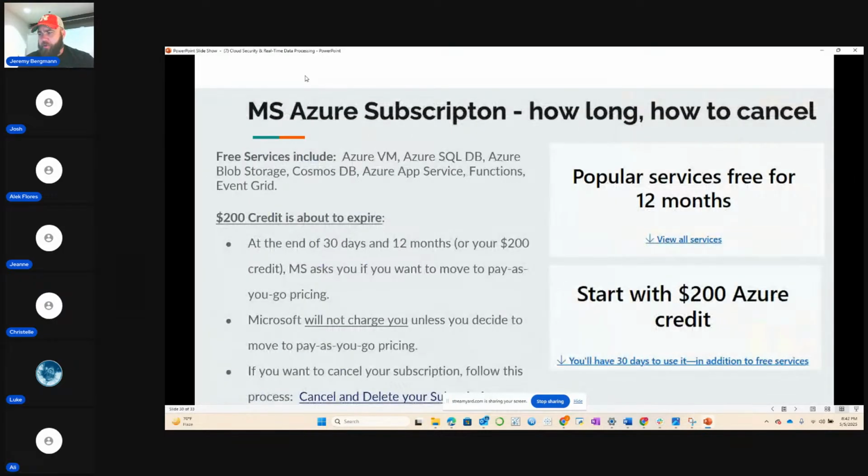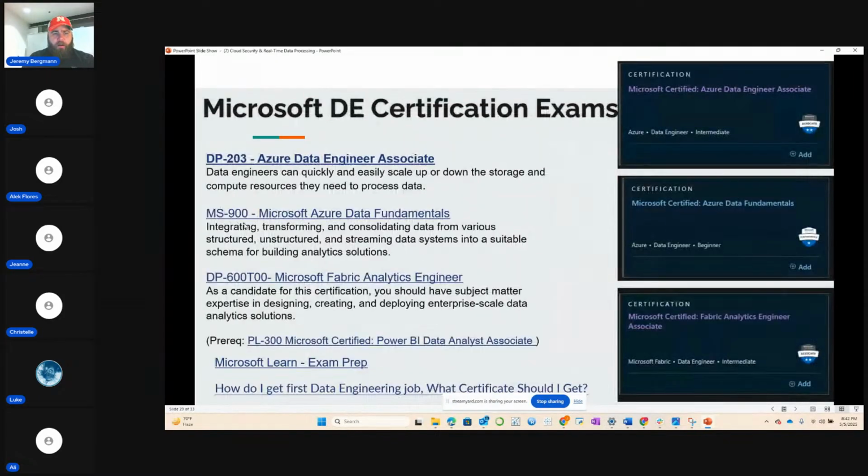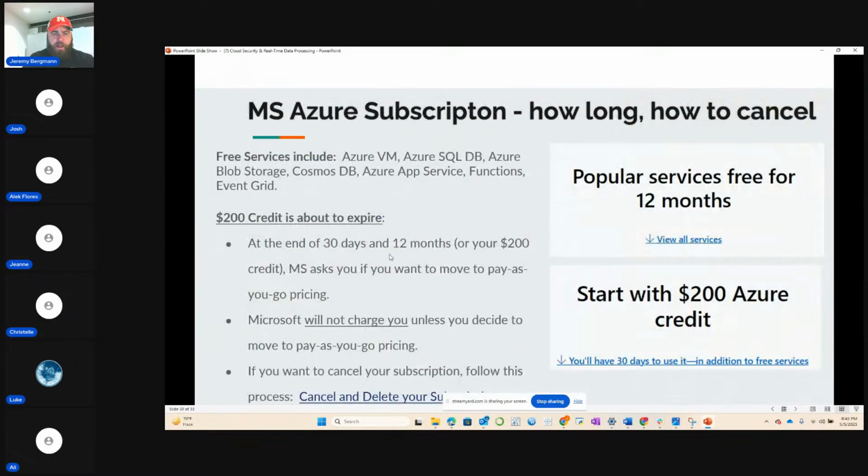Your subscriptions, so more information about your subscriptions. They should come to expire here really soon. There are some free services that you automatically get, and these are some of them here. But the other ones, pretty soon Microsoft is going to ask if you want to move to pay-as-you-go pricing.